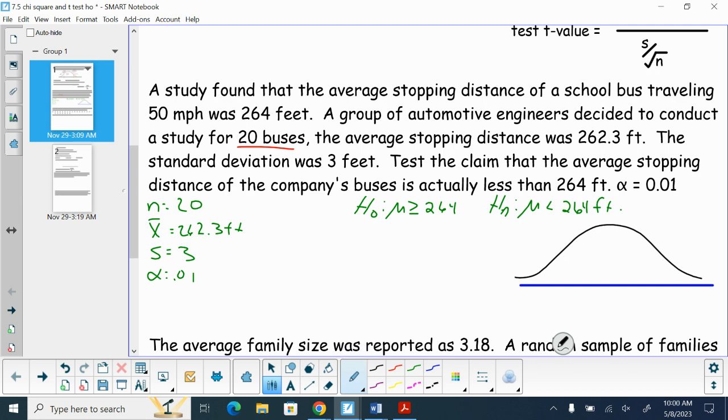One tail or two tail? One tail, left or right? Left. One tail left, because we look at our alternate hypothesis here.